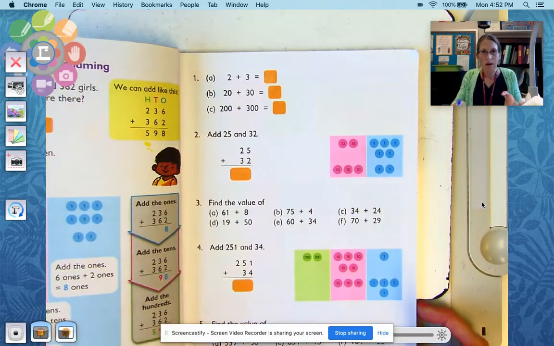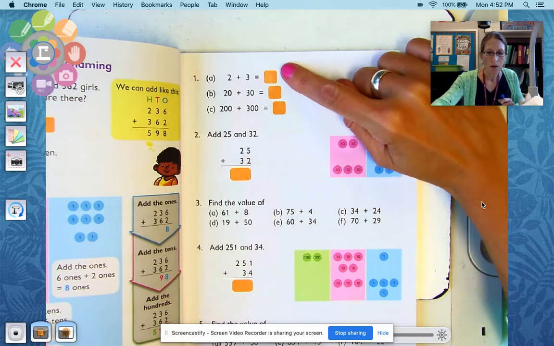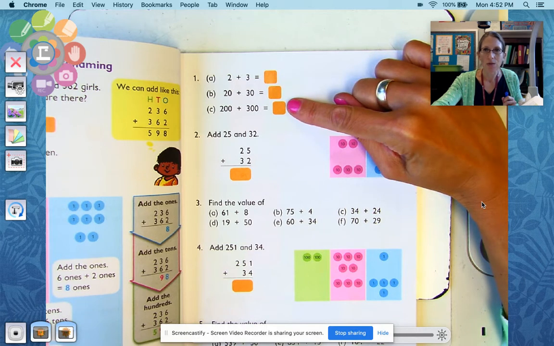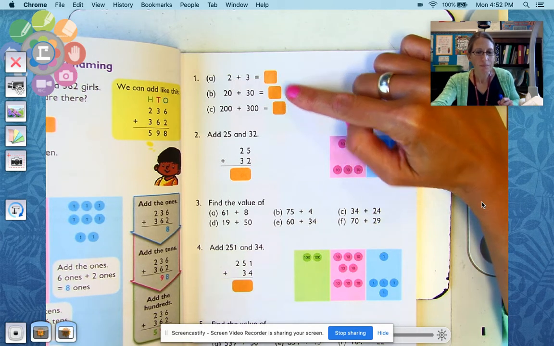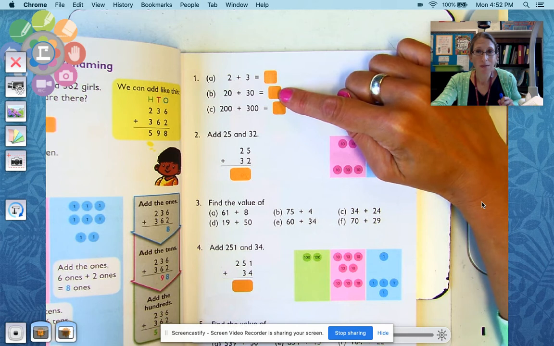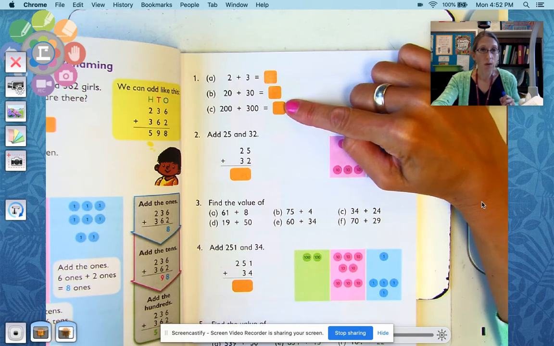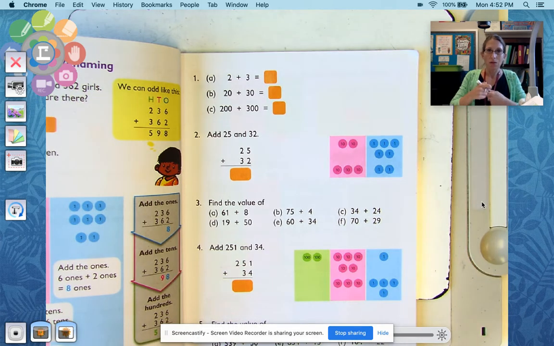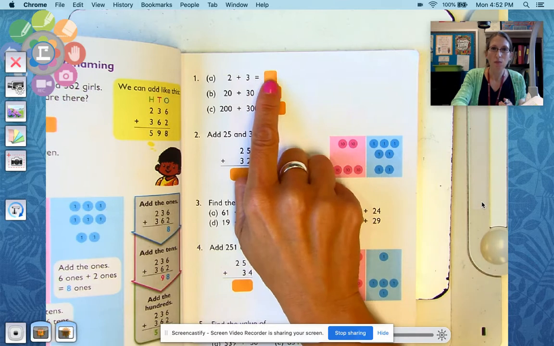Over here, we have a couple of questions about adding ones and tens and hundreds. So there's kind of a little trick here. If you know 2 plus 3, and I think you do, then you can quite quickly figure out 20 plus 30. You can also quite quickly figure out 200 plus 300 because 2 plus 3 is 5, right? 2 plus 3 is 5.